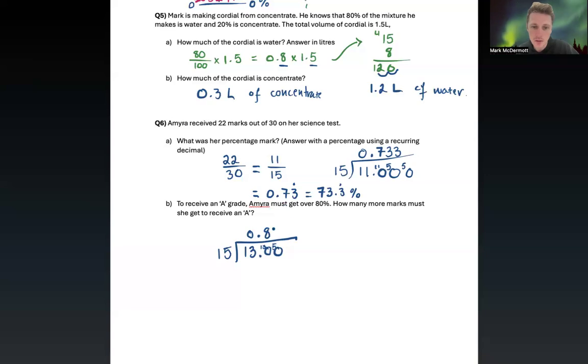Okay, and then we're just back to here, so 0.833 recurring. So it's just going to keep happening. And if we did 12, I think that would be just below 80%. So she already had 22 marks, so she needs an additional 2 marks, oh no, sorry, that might correspond to an additional 4 marks.